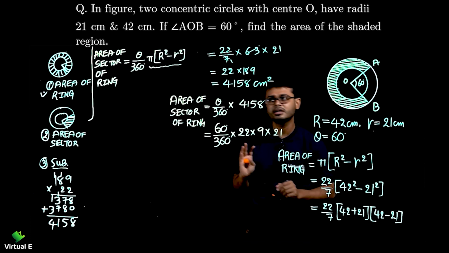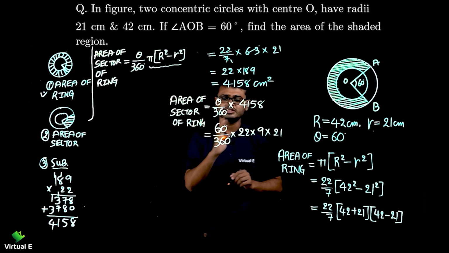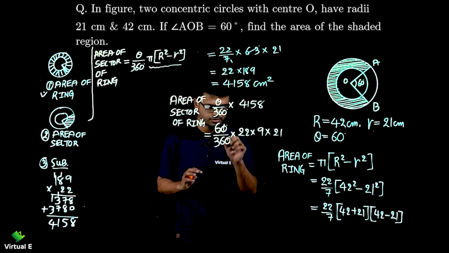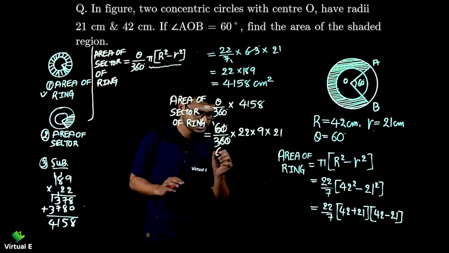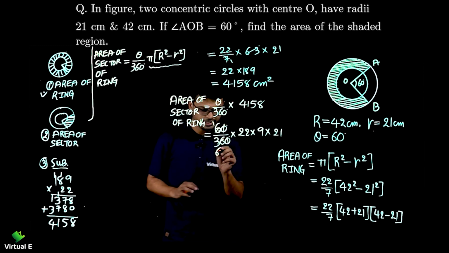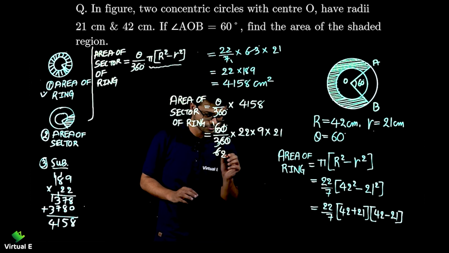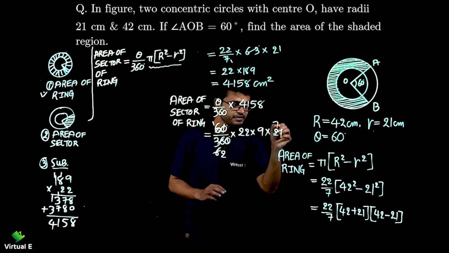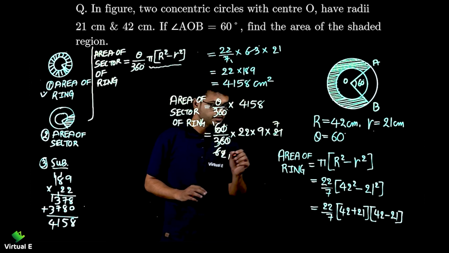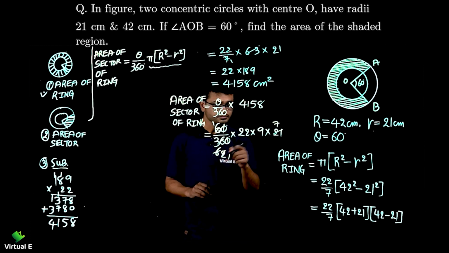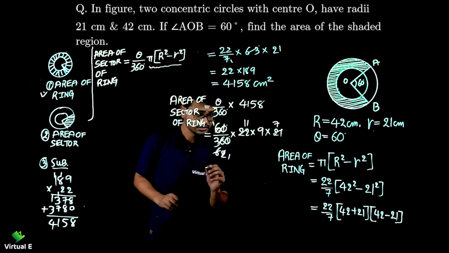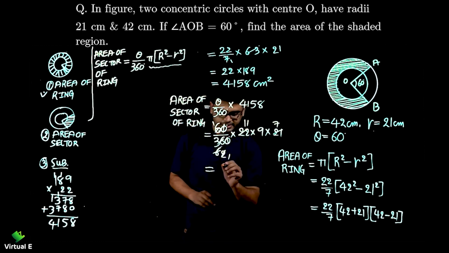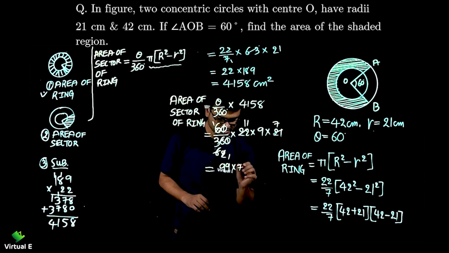4158, a 4-digit number. Yes, it is divisible by 2, but it's confusing, right? So 0 0 cancel, 6 ones are 6 and 6 are here. So I can use table of 3. First of all 2s are and here 7s are, then 2 1s are and here what? I can take 11s are. So here 99 multiply by 7.